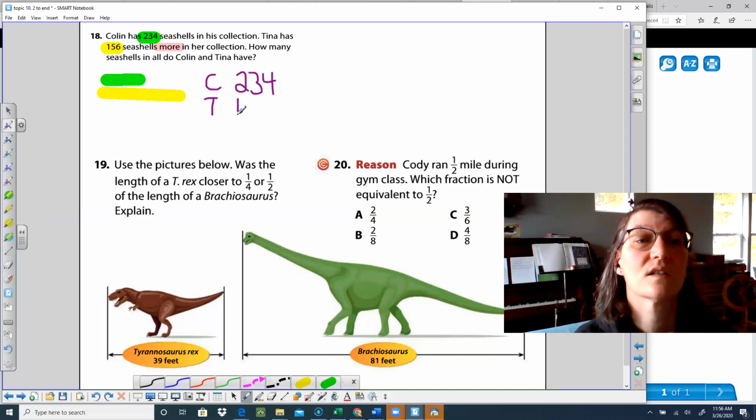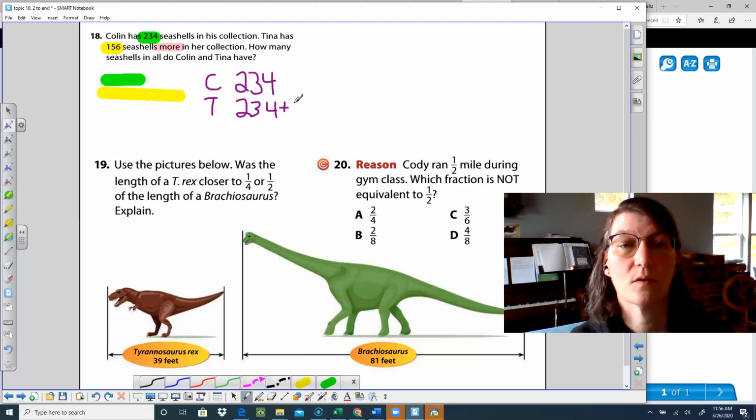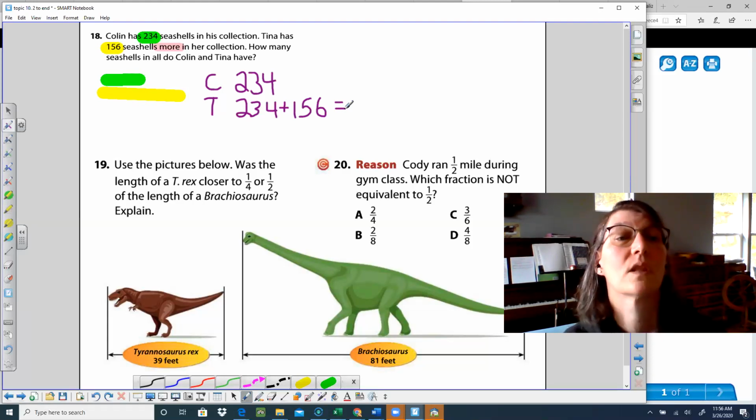Oh, I didn't want to do it that way. We're going to take the 234. No, that's not a 4. And we're going to add that 156 more onto it. So we have to figure out what Tina has.